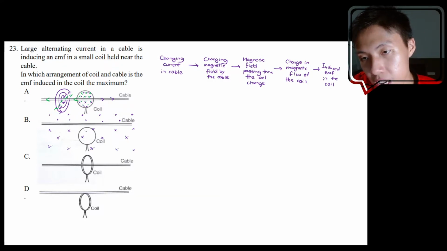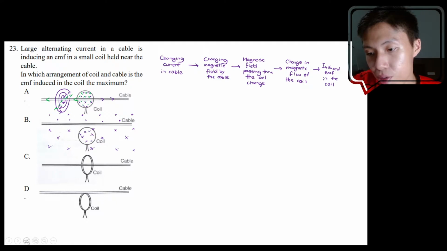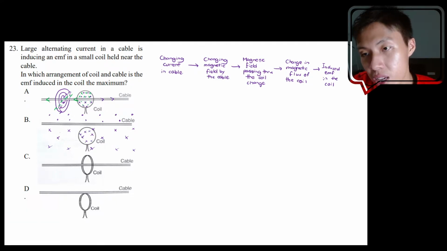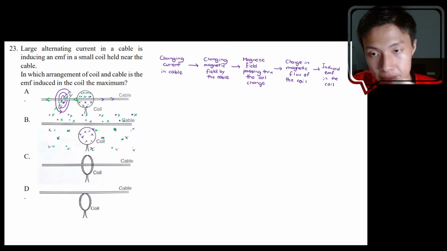So at a certain time it's all crosses inside the circular coil over here. But if your current changes direction, then of course here will become crosses, and then here will become dots. Okay, I hope you get the idea. But here we change to become dots.